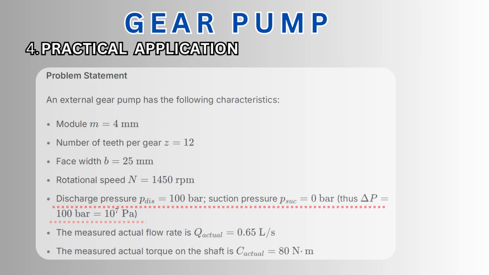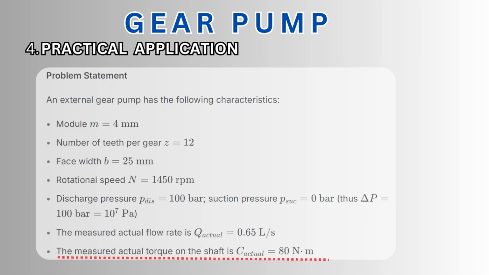Discharge pressure equals 100 bar. Suction pressure equals 0 bar, thus delta P equals 100 bar equals 10 megapascal. The measured actual flow rate equals 0.65 liter per second. The measured actual torque on the shaft is C actual equals 80 Newton meter.